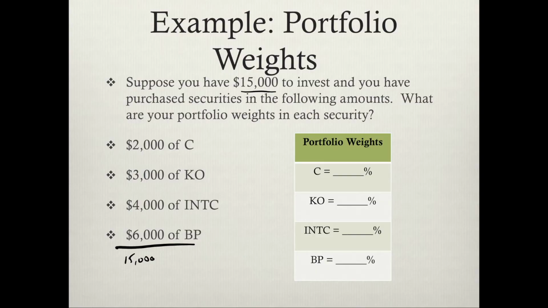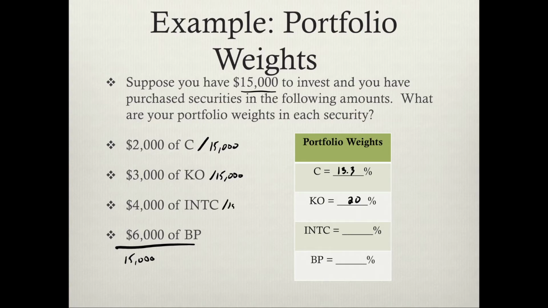To calculate the weights of each of our inputs, we would simply take our investment in Citigroup divided by the total, and we would end up getting a weight of Citigroup of 13.3%. Coca-Cola, do the same thing. 3,000 divided by 15,000 total market portfolio. So we end up getting a weight of Coca-Cola of 20%. Do the same thing for Intel.